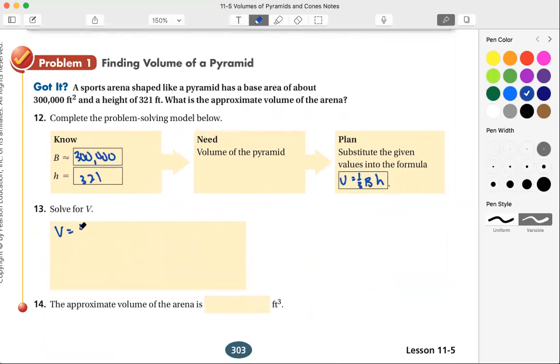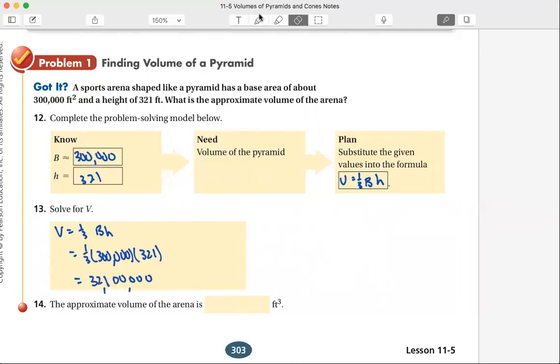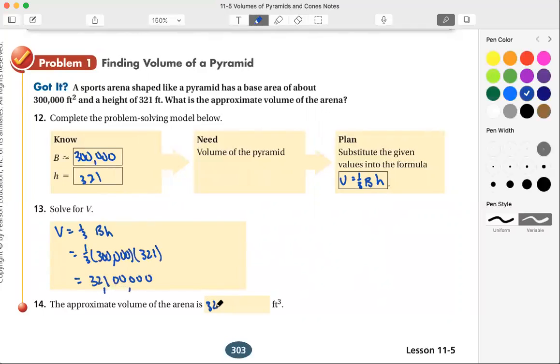So volume equals 1/3 area of the base times the height, which equals 1/3 300,000 times 321, which equals 32,100,000. So the approximate volume of the arena is 32,100,000 cubic feet.